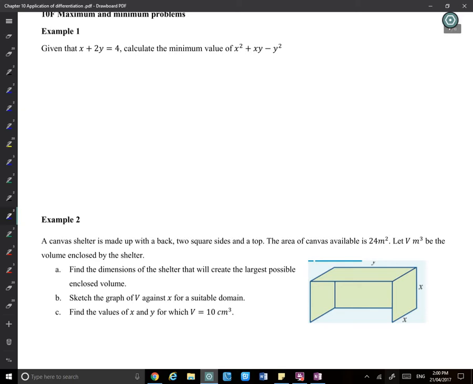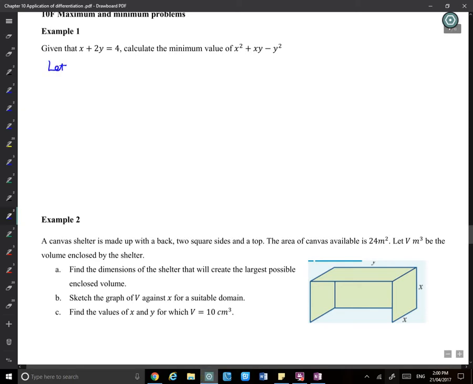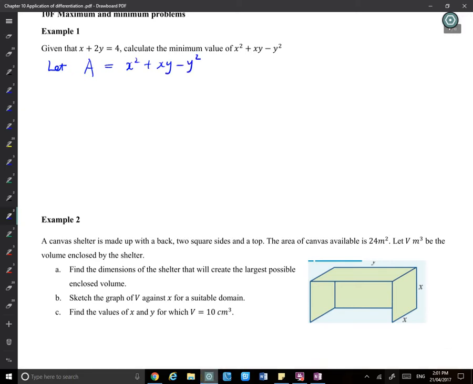There's no equation for that yet. So let A equal x squared plus xy minus y squared. A is the value of that expression, and you want to find the minimum A value.